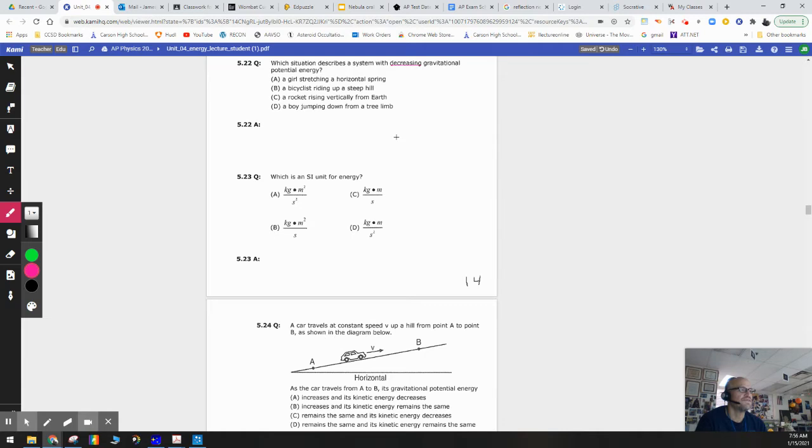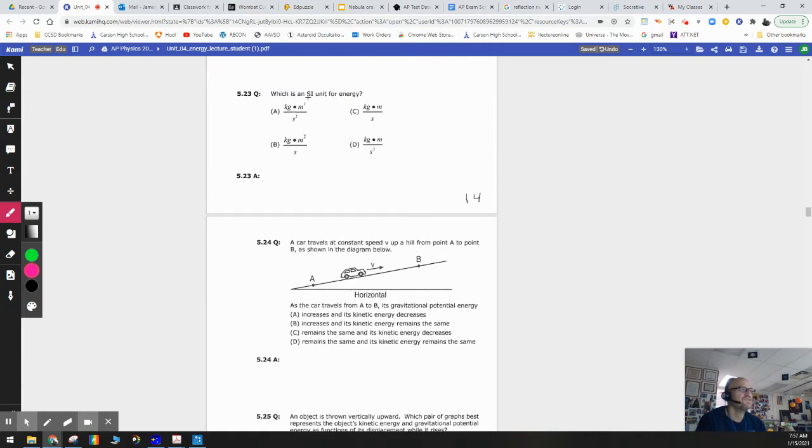To help guide your thinking, just remember gravitational potential energy is equal to mg delta y. So delta y is the key here. So look at the answers here and see which one is delta y. Okay, we'll hit pause.